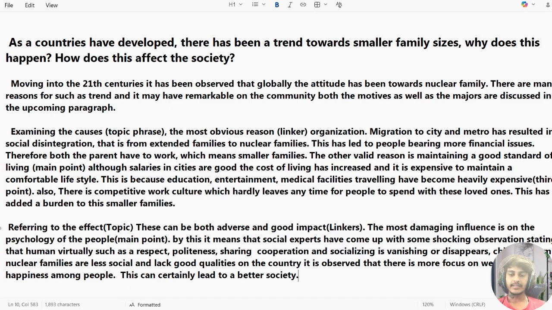Main point: by this, it means that social experts have come up with some shocking observations, stating that human values such as respect, politeness, sharing, cooperation and socializing are vanishing or disappearing. Children from nuclear families are less social and lack good qualities. It is observed that there is more focus on wealth, health, and happiness among people. This can certainly lead to a better society.